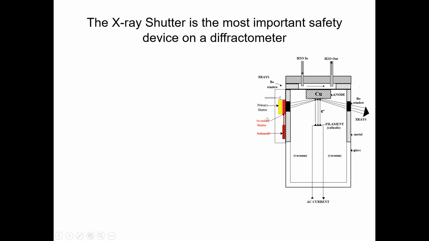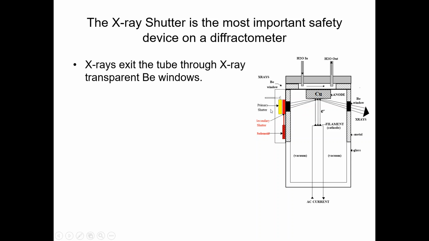Here we will deal with the different parts, the safety precautions, or the other types of arrangements that we can use with the X-ray diffractometer in order to keep ourselves safe during the XRD analysis. So here we can see we have the X-ray shutters. What is the role of the X-ray shutters?